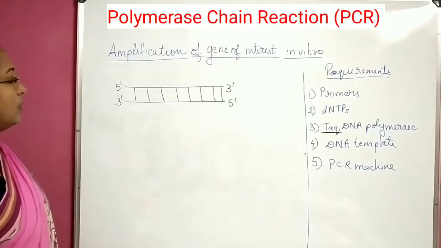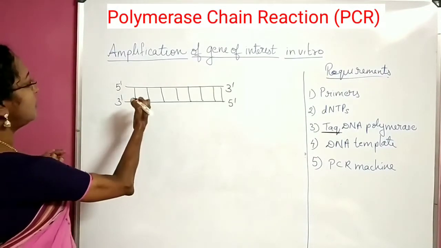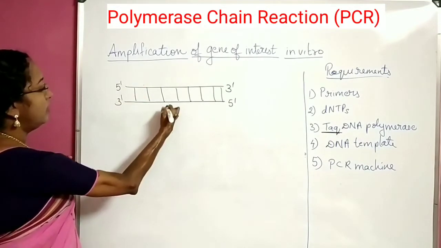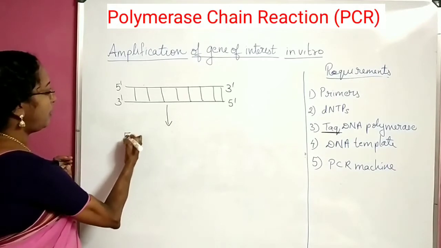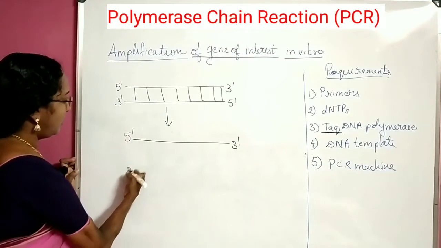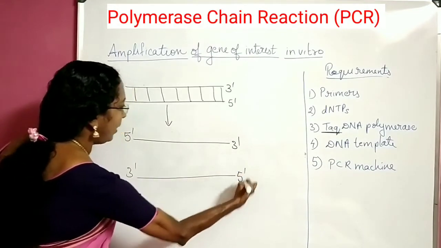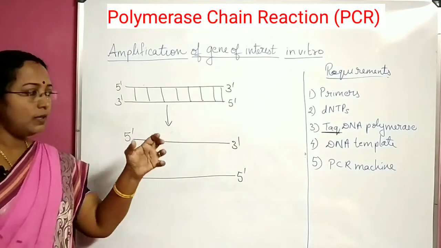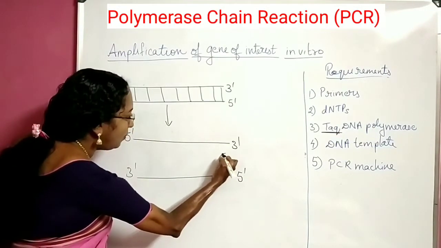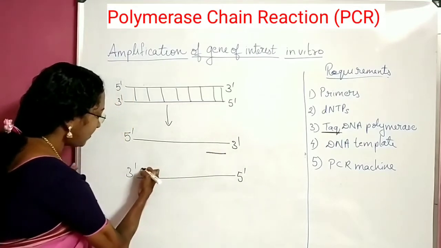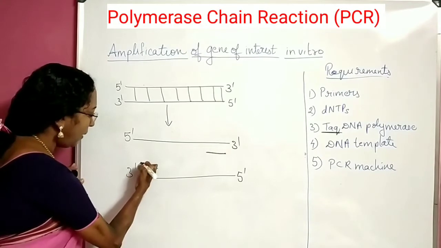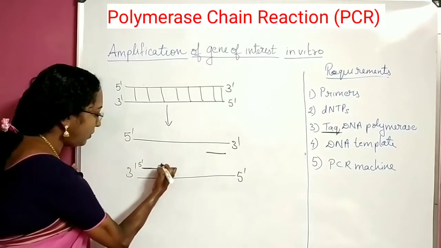That we all know. So here what happens is, these are the two strands. These two strands get separated first, one 5' to 3' and the other strand 3' to 5', and the primer gets added into the 3' region of each strand. The primer will begin with a 5' and end with a 3'.